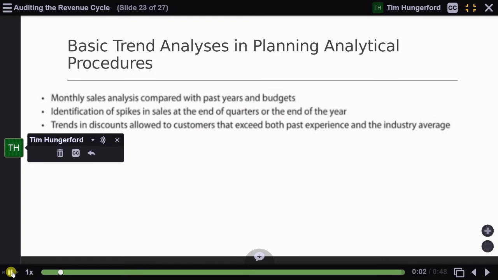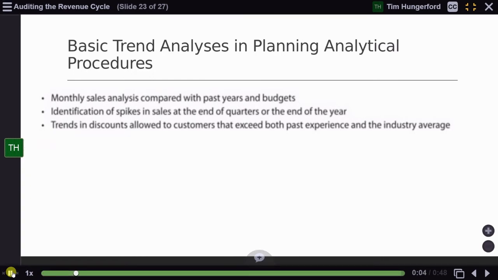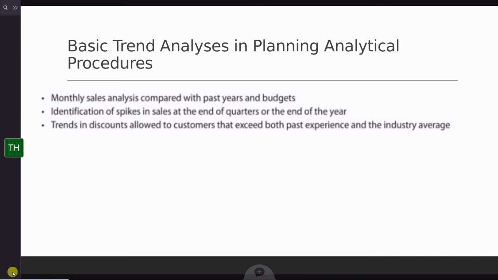Some other trends that the auditor should keep their eyes on related to the planning analytical procedures is monthly sales analysis compared with past years and budgets. How are they doing compared to the past or the budgets? Also identify spikes at end of quarters. Spikes usually mean some sort of push to the market.